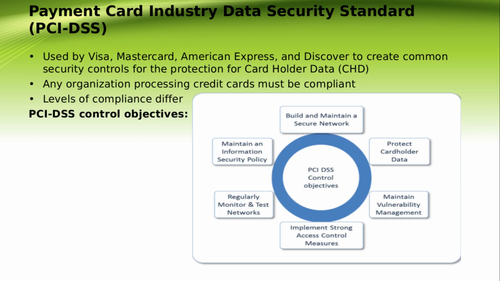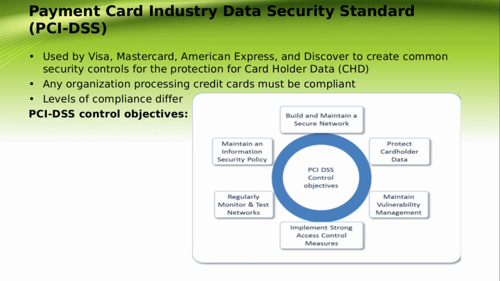Next, the Payment Card Industry Data Security Standard, used by Visa, MasterCard, American Express, and Discover to create common security controls for the protection of cardholder data. Any organization processing credit cards must be compliant, though the level of compliance differs.